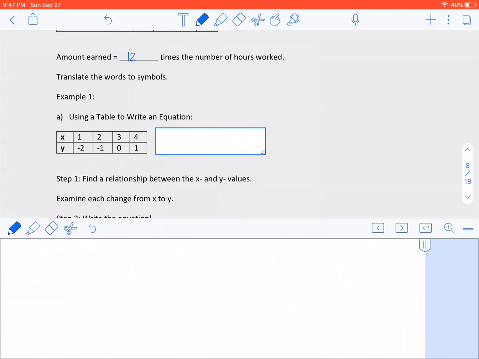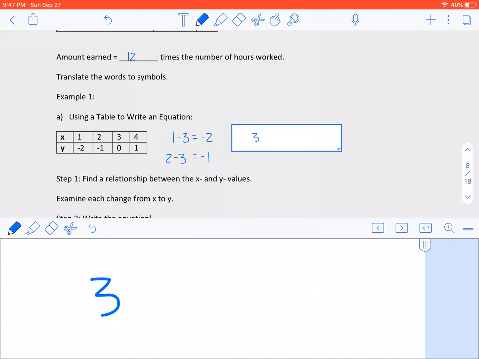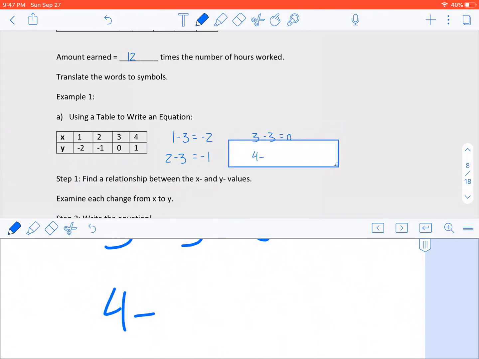Let's try another example. 1 minus 3, that equals negative 2. 2 minus 3, that equals negative 1. This looks like it might work. 3 minus 3 is 0. 4 minus 3 is 1.